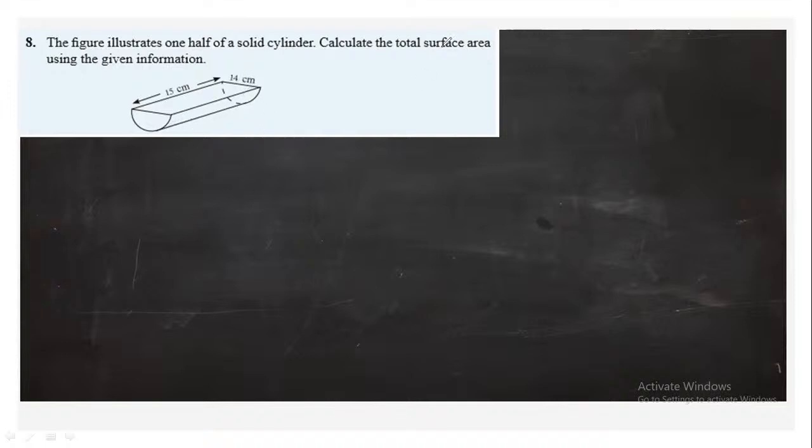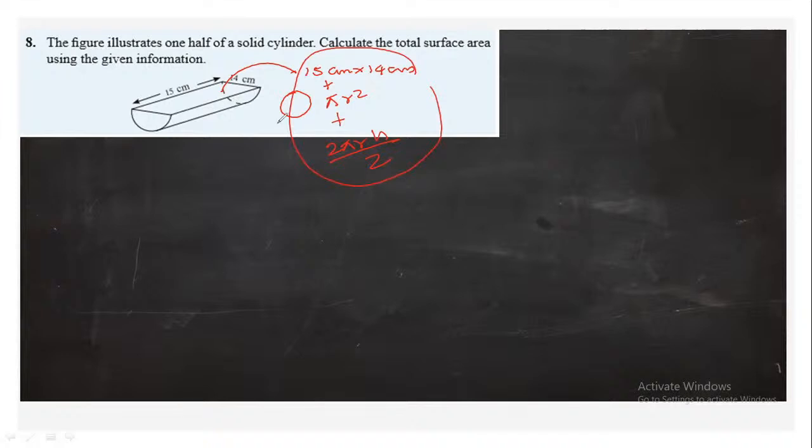Let's identify. 14 centimeter. You can see this is half of the curved surface, you have to add, then you can get the total surface area of the given figure.